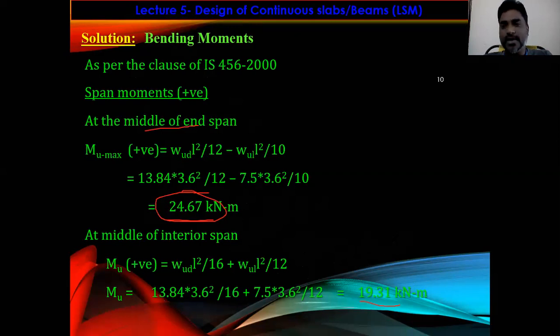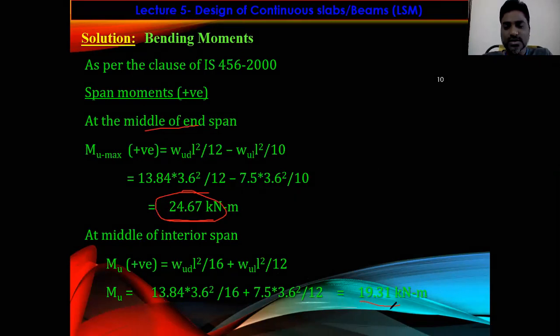If you want to calculate separately, you can calculate using the same formula. The only thing is you need to change the bending moment, and you can determine the number of bars. More or less you will get the same because the difference is very less.